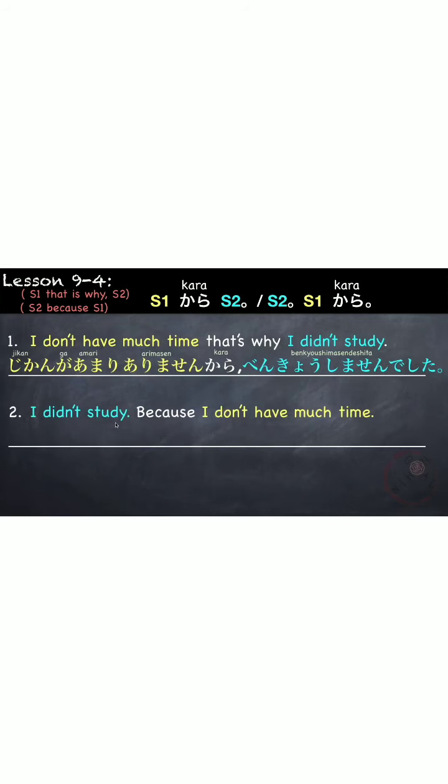I didn't study because I don't have much time. 勉強しませんでした。時間があまりありませんから。And lastly, how to ask the question why or the interrogative why, which is どうして? For example, why didn't you study?